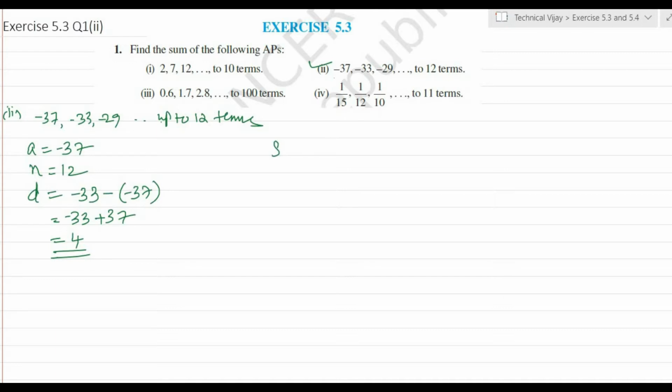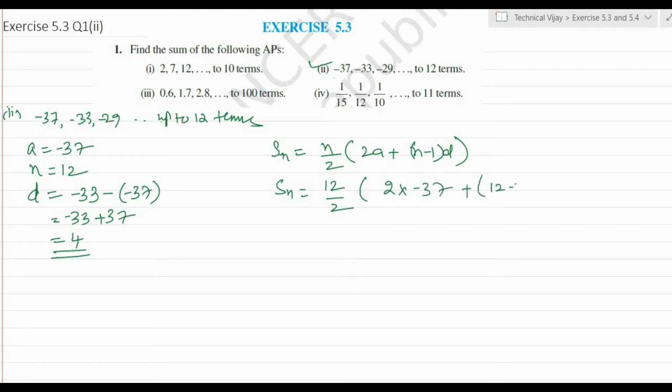So now we will put the formula, Sn is equal to n by 2 into bracket 2a plus n minus 1 into d. So here Sn is equal to, n means 12, 12 divided by 2 into bracket 2 into minus 37 plus 12 minus 1 into d, d is 4.